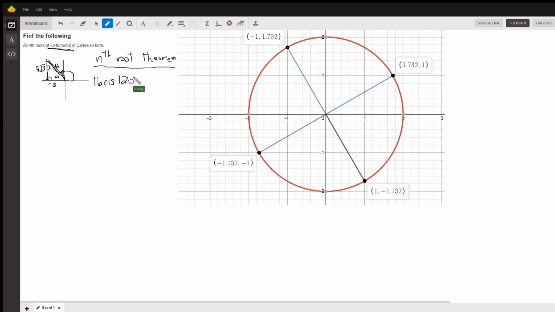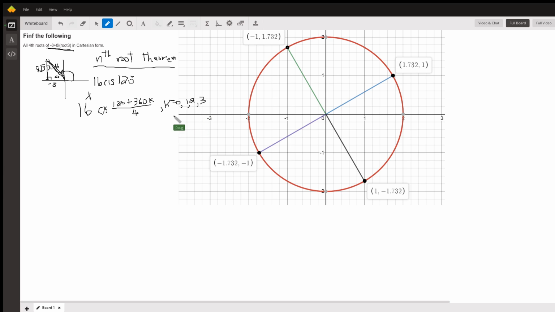And the nth root theorem tells us that to get the fourth roots of this complex number in polar form, we have to do this: 16 to the 1/4 times cis of (120, and I'll leave off the degree symbol, plus 360k) all over 4, where k takes on the values 0, 1, 2, and 3.